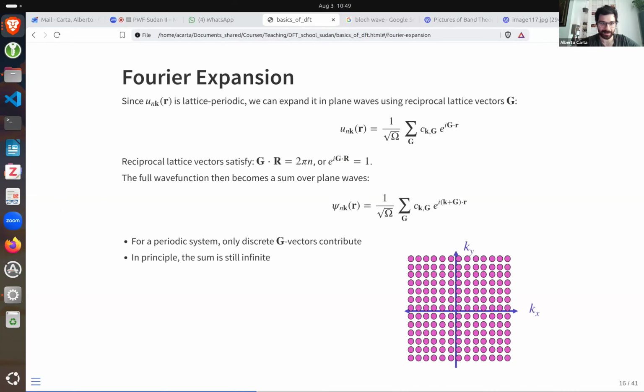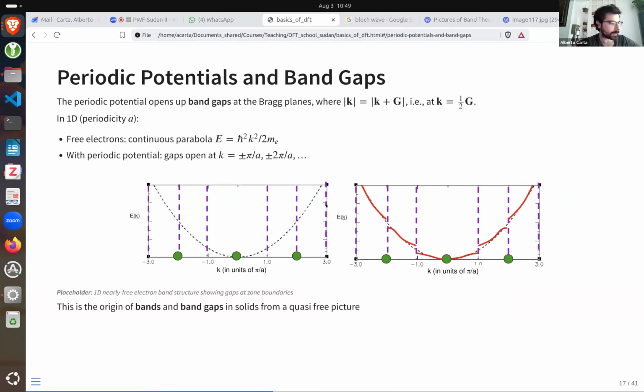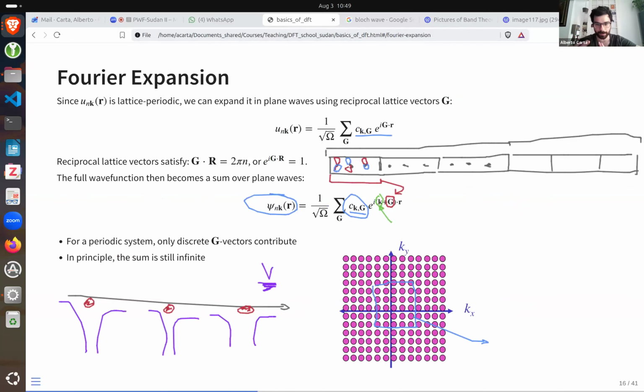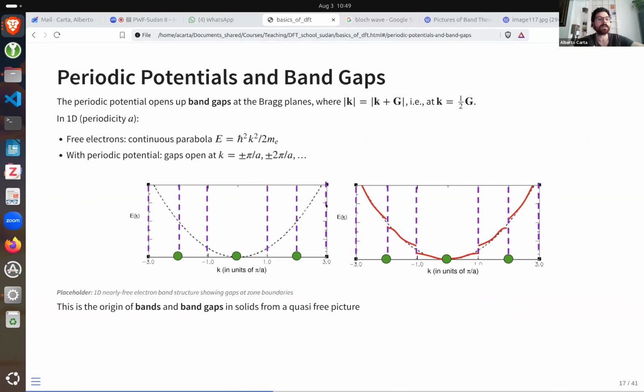Okay. So let's look a little bit at what happens when. So far we looked at what the shape of the wave function is. What about the energies? The idea of what happens with the periodic potential is that, remember, before we had this parabola shape for a free electron gas.